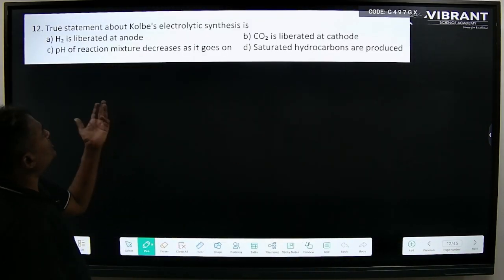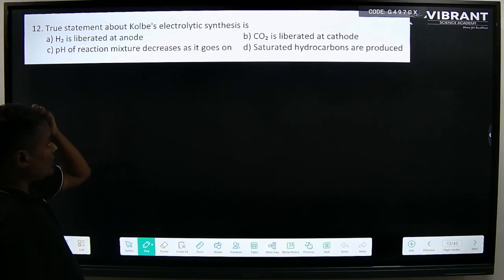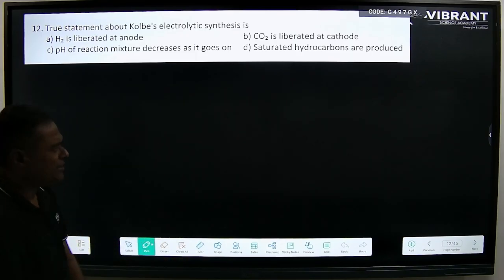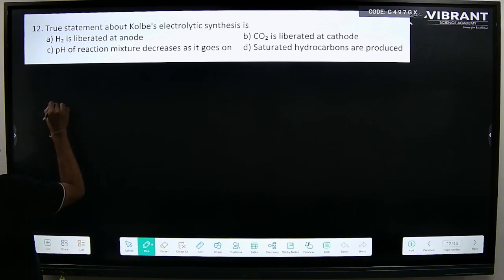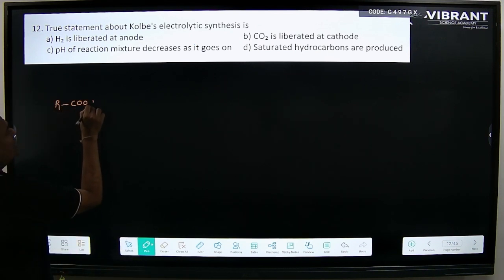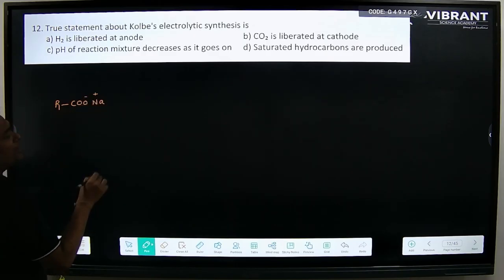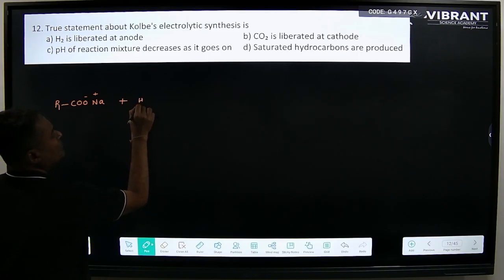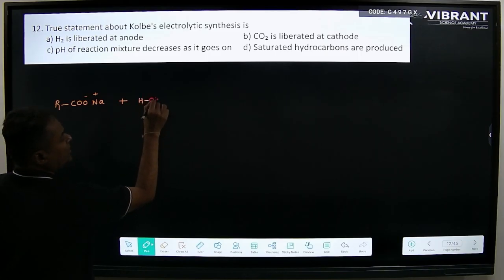Okay, the next question is based on Kolbe electrolytic synthesis. Let us have a short discussion on the Kolbe reaction. See what the Kolbe reaction is. I have a carboxylic acid in the form of a salt, let us say a sodium salt or a potassium salt. When you talk about electrolysis, you have to take the aqueous solution, so I will take water here also.